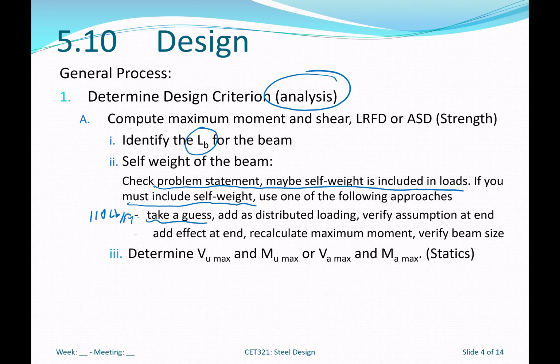I'm guessing at 110 pounds per foot. Again, it's a guess. I can add that into the loading now and then verify it at the end. So let's keep that in mind, 110. Then I do my analysis, so I have my shear diagram and I have my moment diagram.